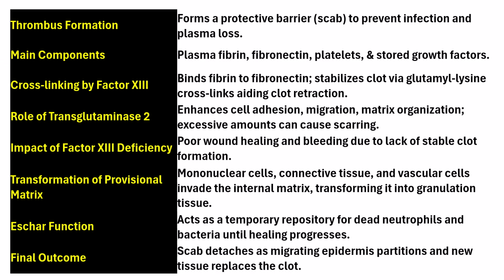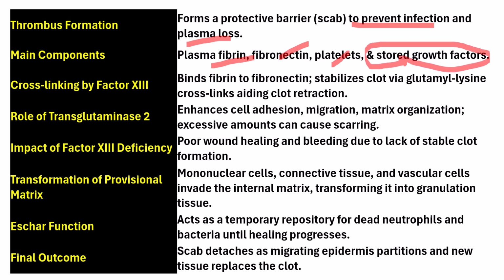So thrombus seals the area of the wound and forms a protective barrier that prevents the infection and also prevents the loss of the plasma. The main components are fibrin, fibronectin, activated or contracted platelets, and their growth factors that are stored within.